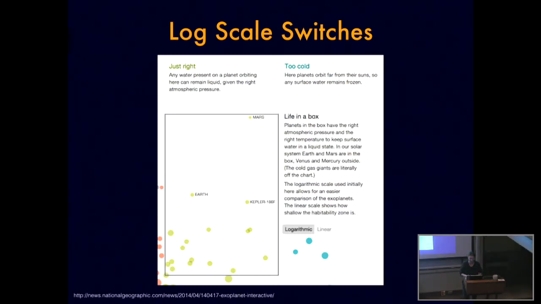The log scale helps you stretch out things that are clumped together in some extreme. This is an example, which I probably didn't make clickable. It doesn't matter. Basically, there's a little toggle here, and we start in a logarithmic display so that there's a nice zoom-in effect on this data, whereas if this were a linear display, all of these planets would be squished together up at the top, which is what happens when you click on that.